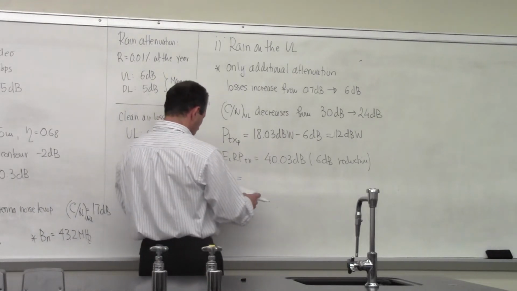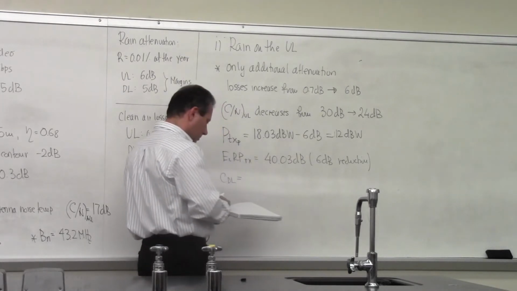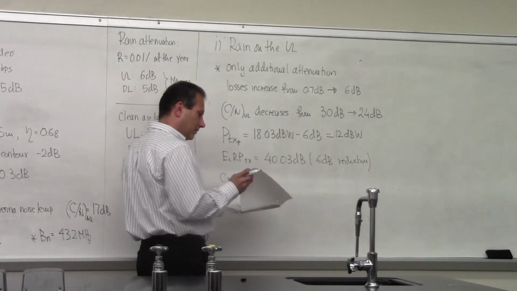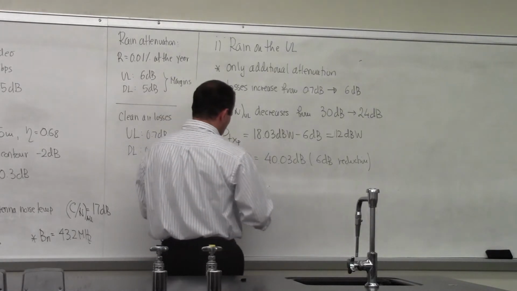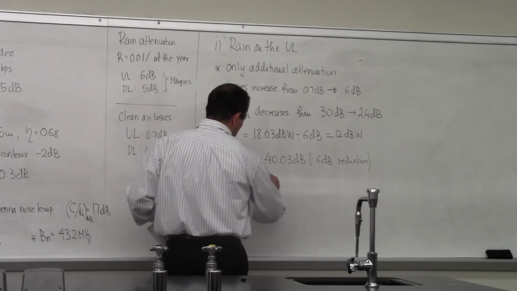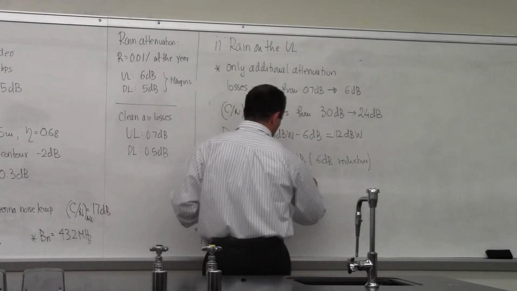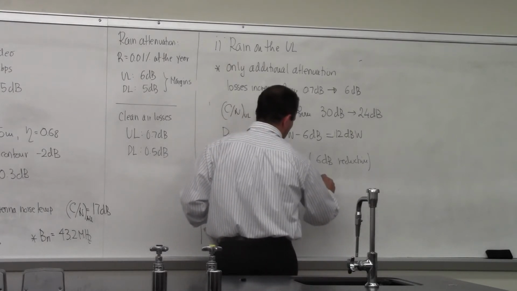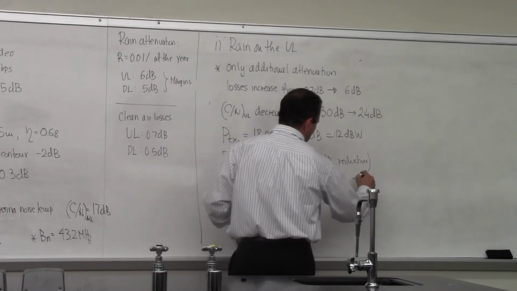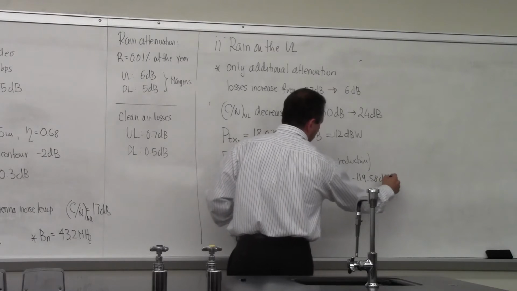So your C on the downlink decreases from minus 113.58 dB watt to minus 119.58 dB watt.